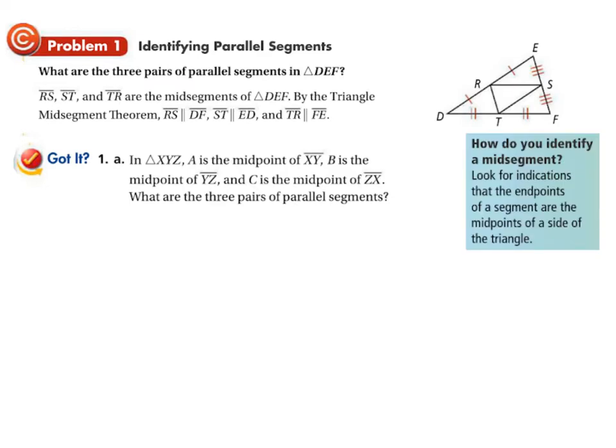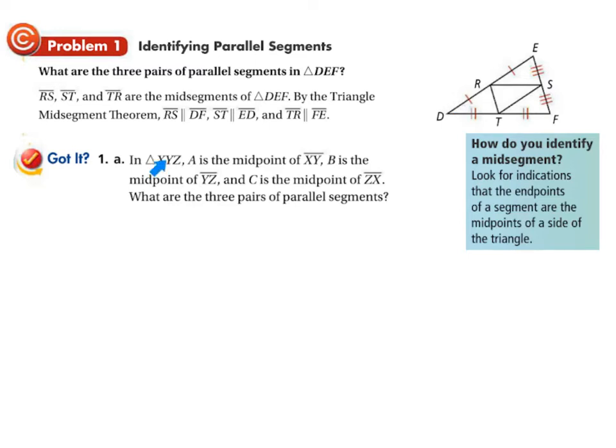You look for indications that the endpoints of the segment are the midpoints of a side. You know that point R is the midpoint of DE because it splits it into two congruent segments.